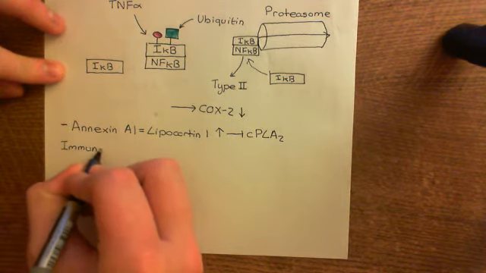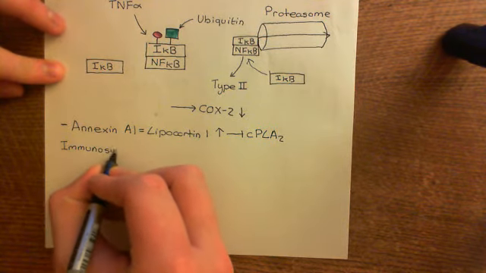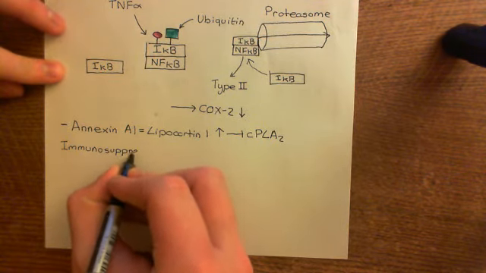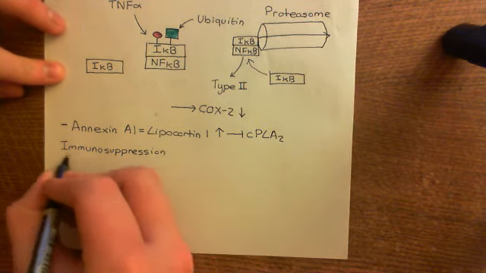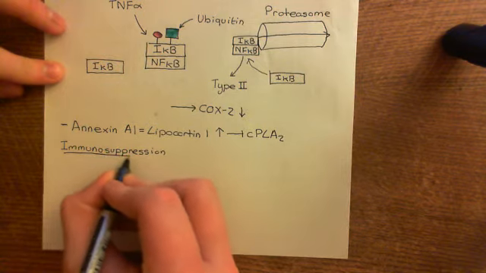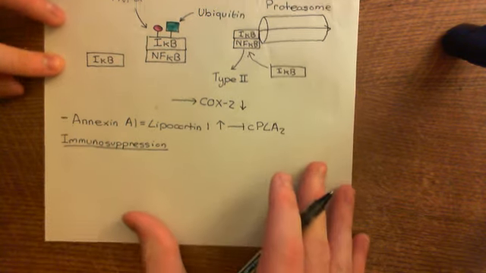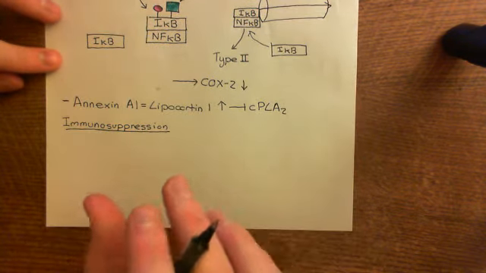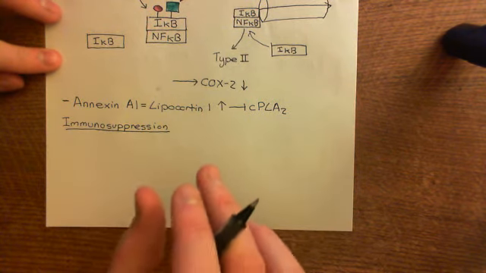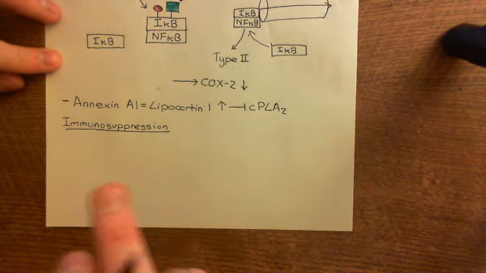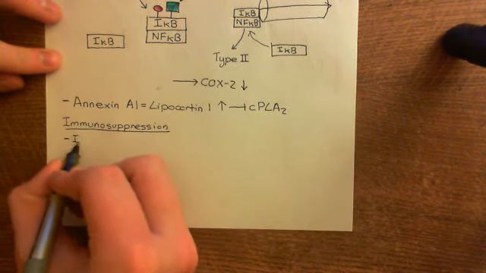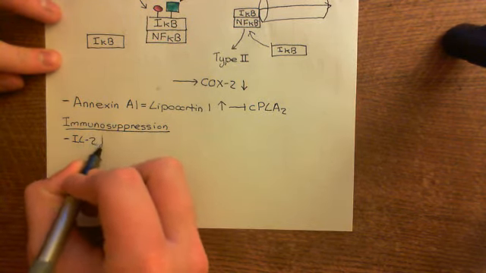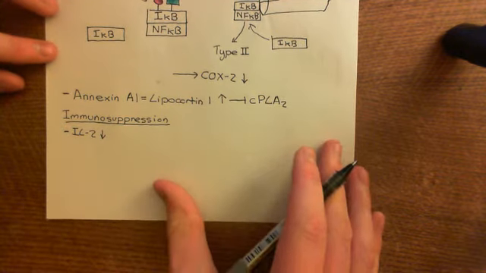Okay, they're going to stop the activation of T cells, and that's going to lead to immunosuppression. So they'll go into T cells and stop them from being activated, and this works not only for naive T cells, but also for memory T cells, which also require interleukin 2 to activate them. So, interleukin 2 is going to be reduced down in expression.